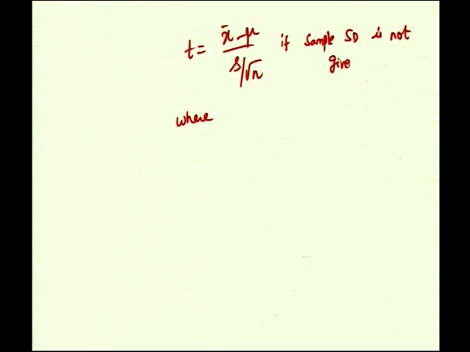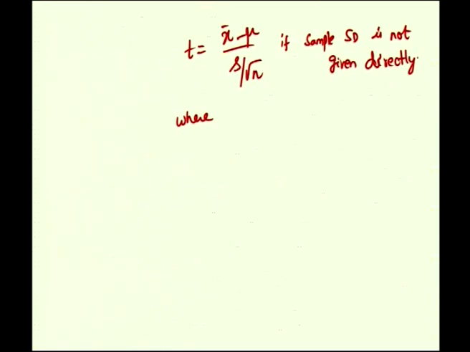When the standard deviation is not given directly, you have to use this formula of t: t is equal to x bar minus mu divided by S by root n.